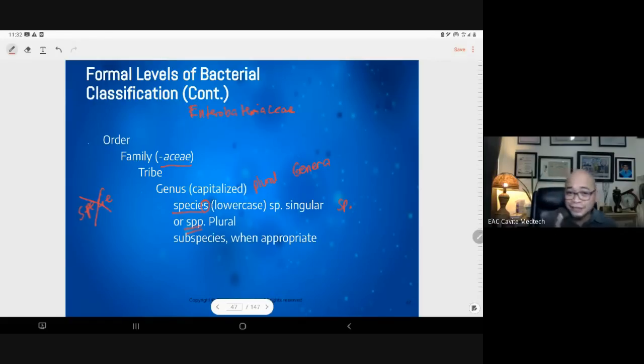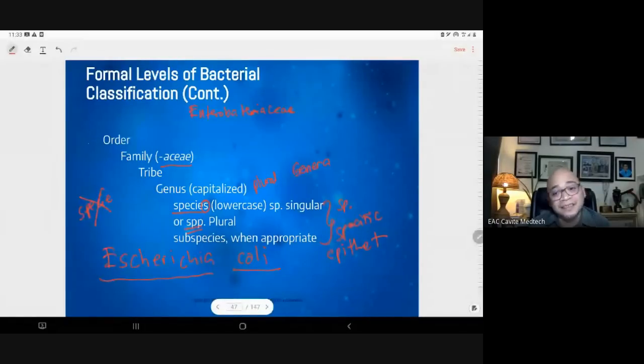So let me give you an example. Escherichia coli. Escherichia is the genus, while coli is the species. And when we say species, we are referring to a specific epithet.